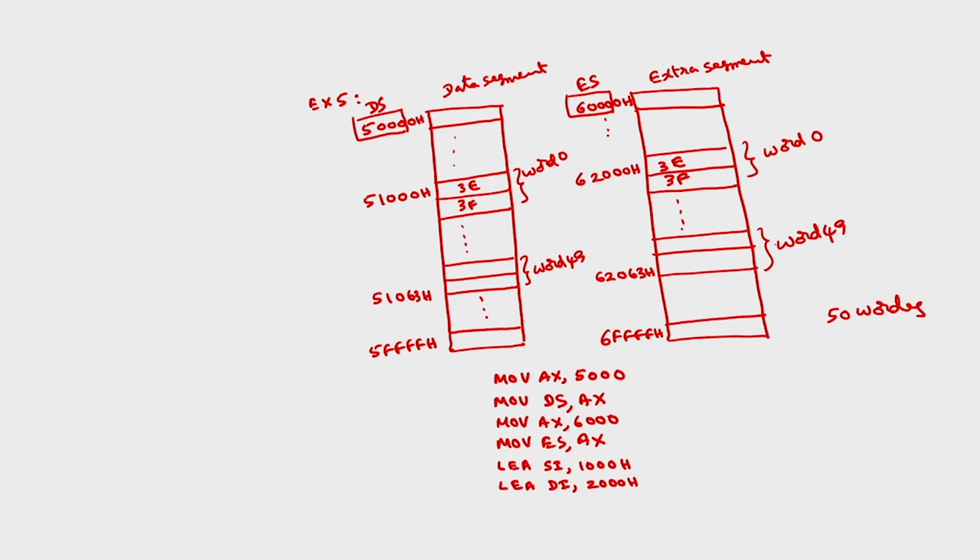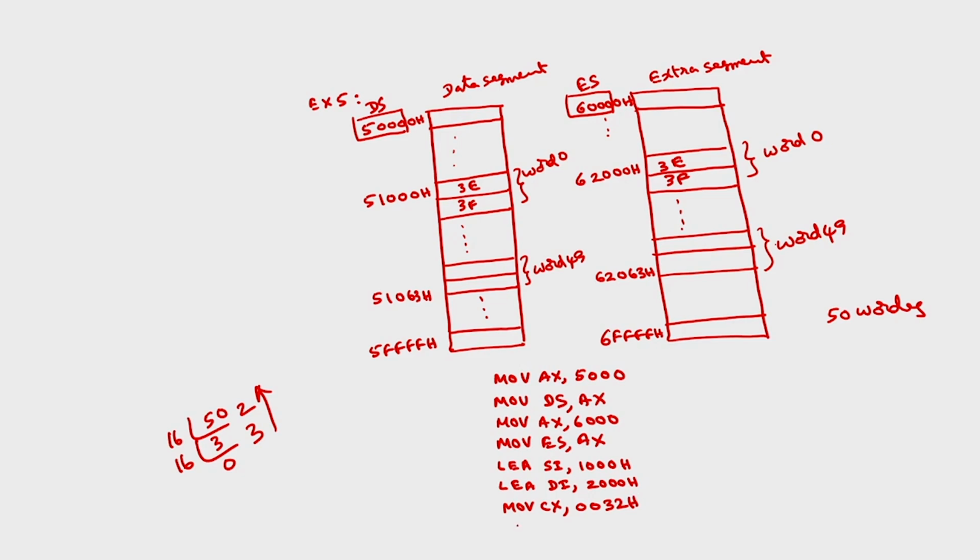In total, 50 words you have to compare. So, MOV CX, 50. What is the hexadecimal of 50? It is 32H. 64 bytes would be 100 bytes; 32 hexadecimal is equivalent to 50 decimal.